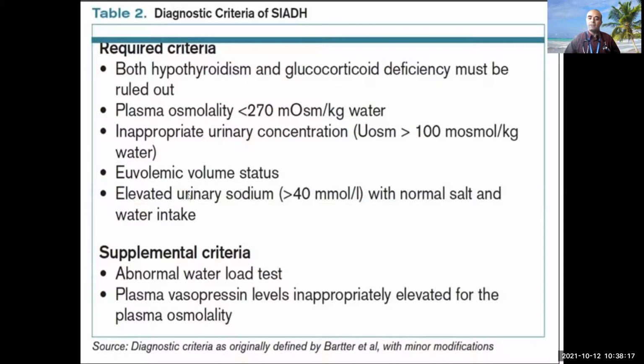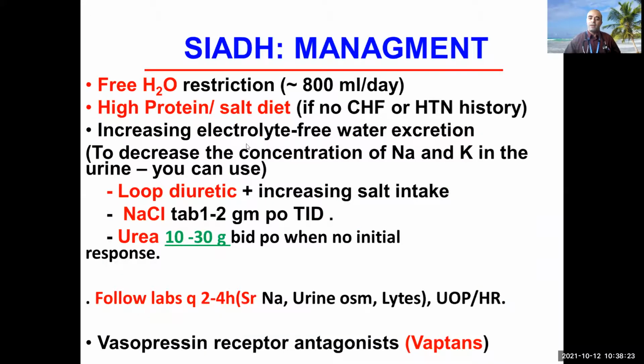As we said, this is the same criteria. Don't forget this. Just put this on your mobile, in your pockets, in your notes when you see any consult for hyponatremia. And same management: free water restriction, not fluid, between 500 to 800 ml per day, and a high protein and salt diet.